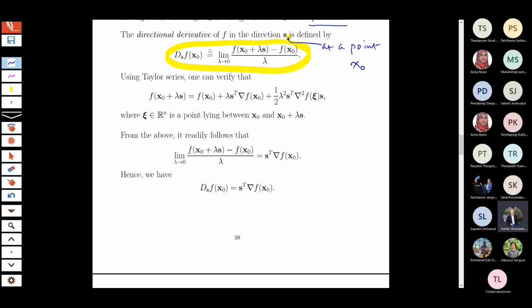So f of x naught plus lambda s is equal to f of x naught plus lambda s transpose gradient of f at x naught, plus one over two lambda squared s transpose H, the Hessian matrix of the function f at the point xi, times s, where xi is a point between x naught and x naught plus lambda s.